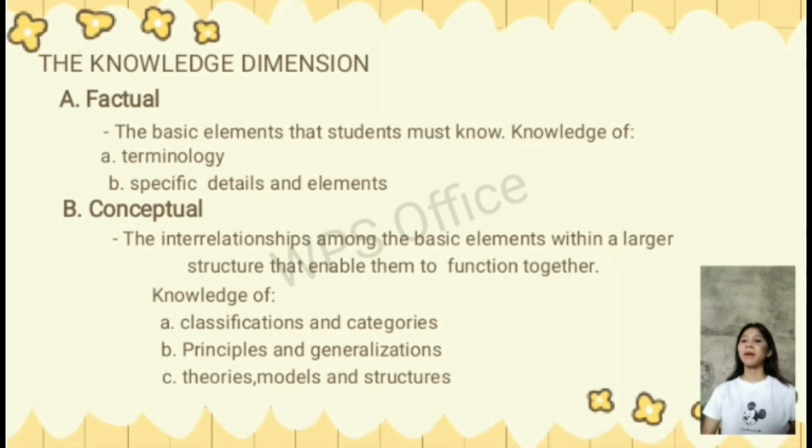Sa pamamagitan ng pagpapalago ng factual knowledge, mas madali natin maintindihan at ma-analyze ang mga complex concepts na tumutulong sa mas malalim at comprehensive na pag-unawa sa anumang subject. Like for example, name 3 planets in our solar system.